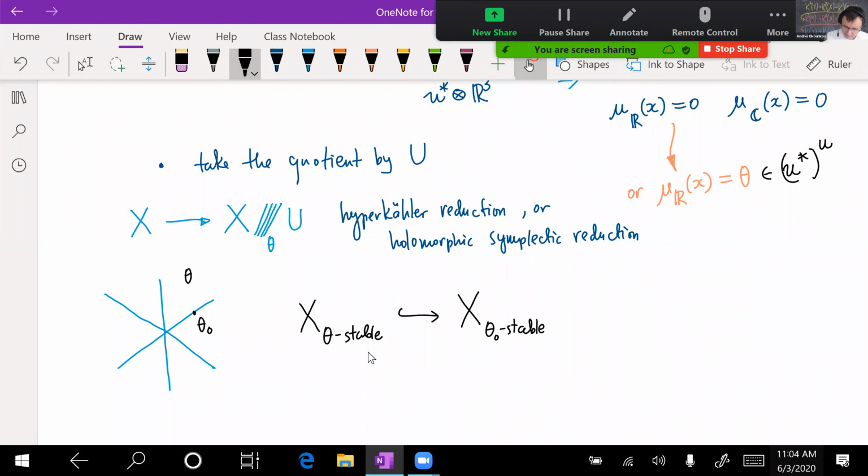This again underscores the point that if I have a generic value of an external parameter or a specific value of an external parameter, then I get different results. This theta is now my external field.